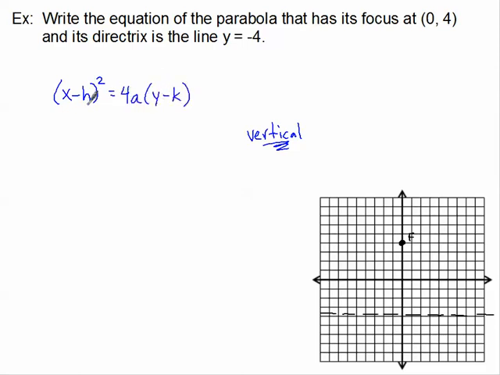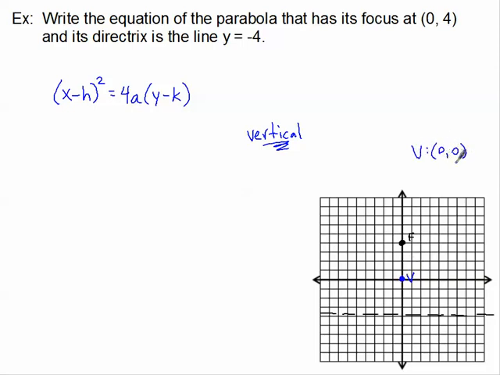So now we need the vertex, we need h and k, and we also need the value of a. Well, we do know that the vertex is exactly halfway between the focus and the directrix. And since we went 4 up and 4 down, we can all see that the vertex is right there at the origin. So the vertex is the origin.